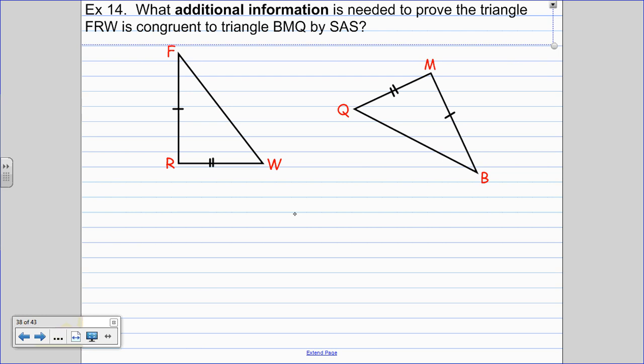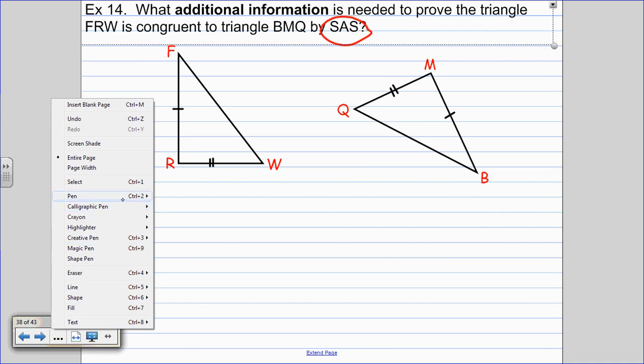On 14, they want to know what additional information is needed to prove that triangle FRW is congruent with BMQ by side, angle, side. So both of the sides are clearly marked, but in order to prove by side, angle, side, we're going to need an included angle in between the two given sides.